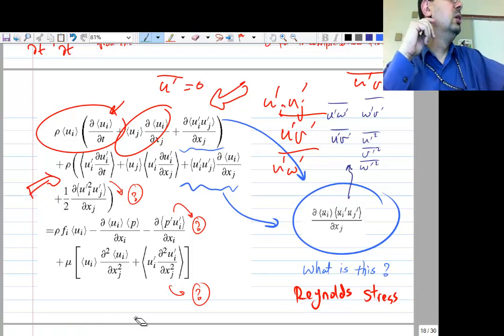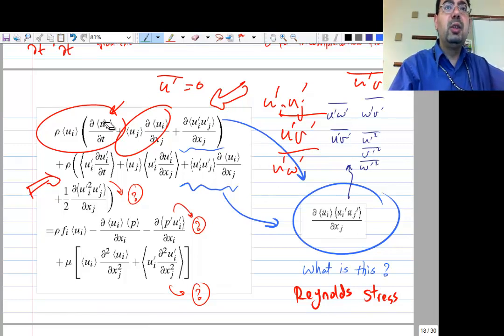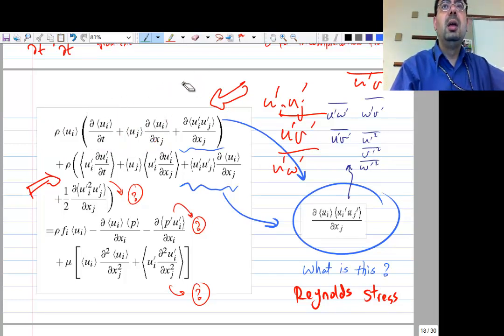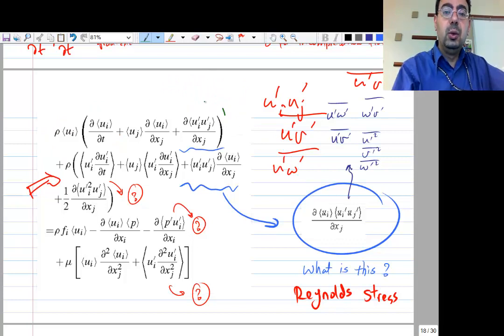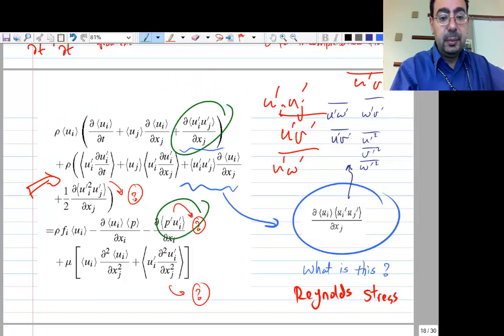So what's the solution then? You have almost a Navier-Stokes equation, except for those new terms that showed up.